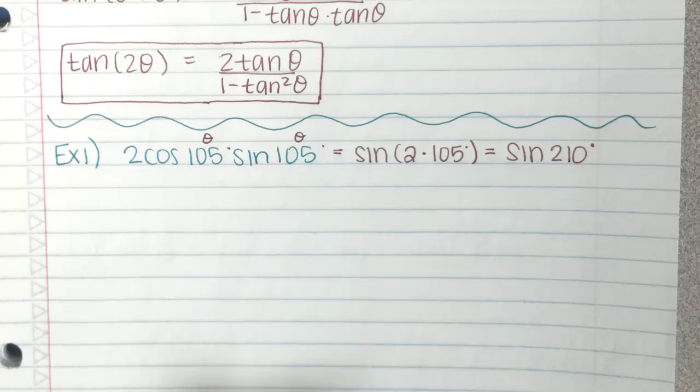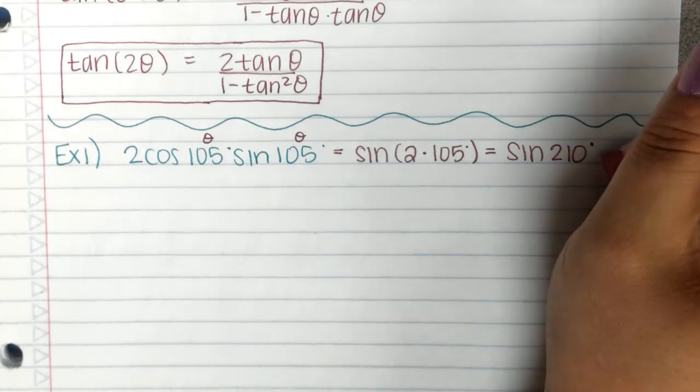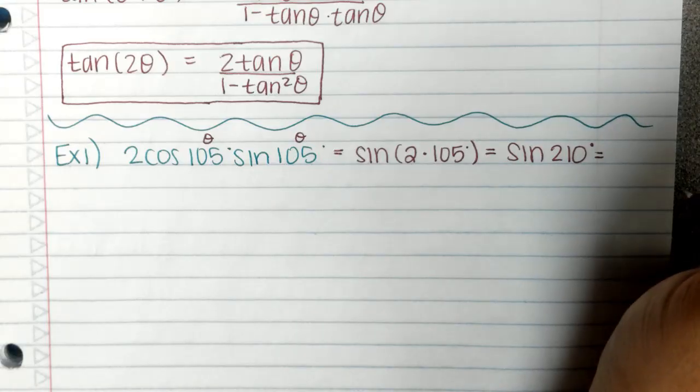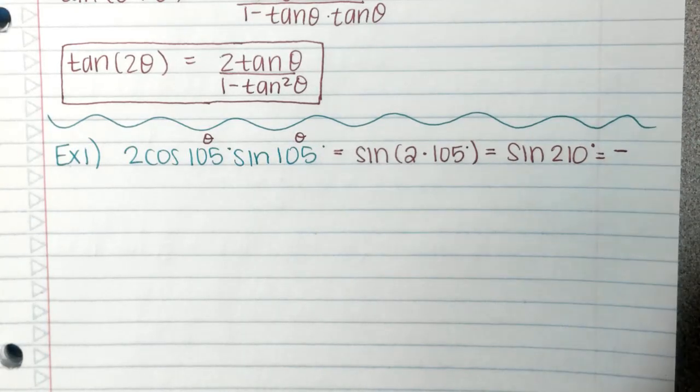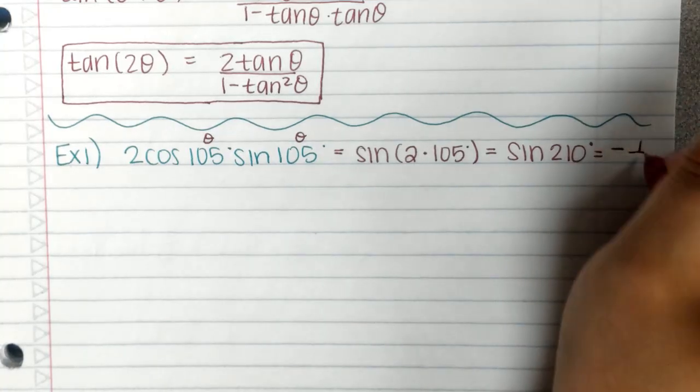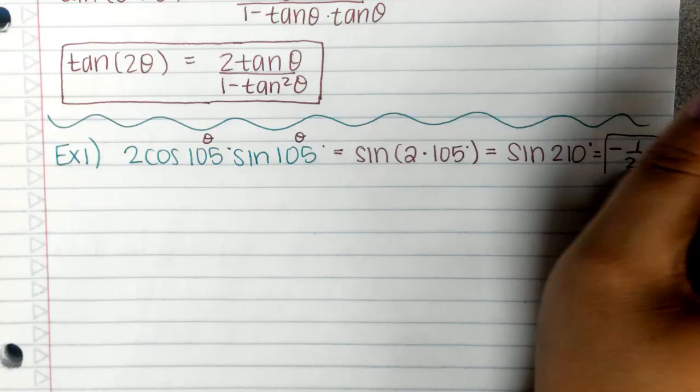And again, we should be brain dumping our unit circle every day. What is the sine of 210 degrees? Third quadrant, so I know it's going to be negative 1/2. Bam.